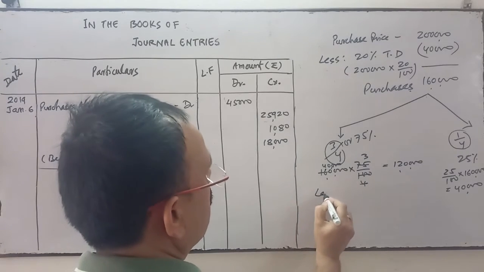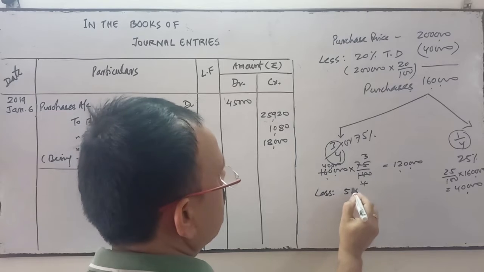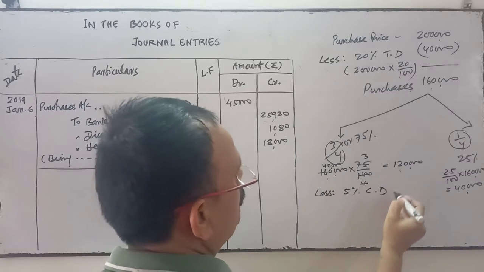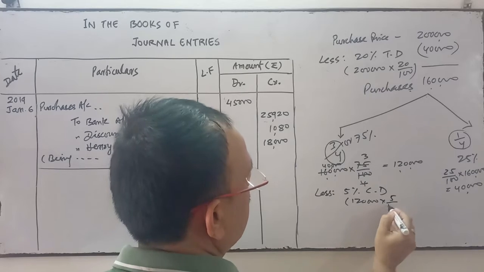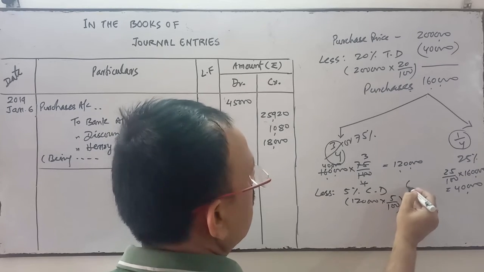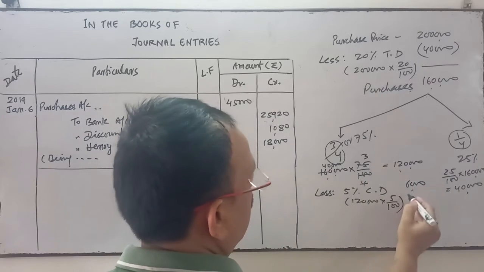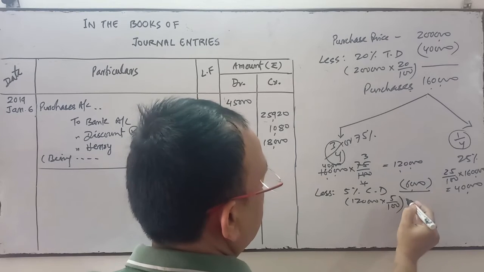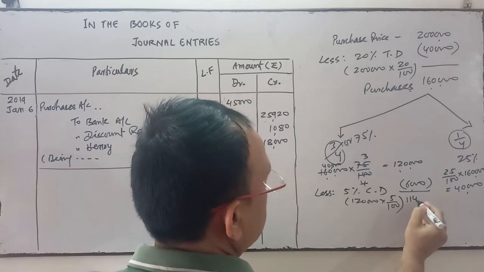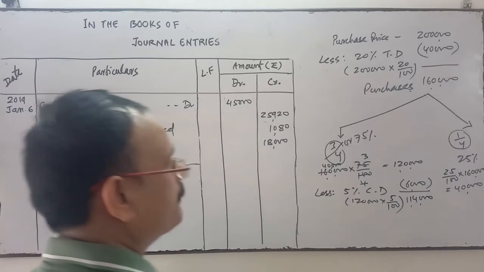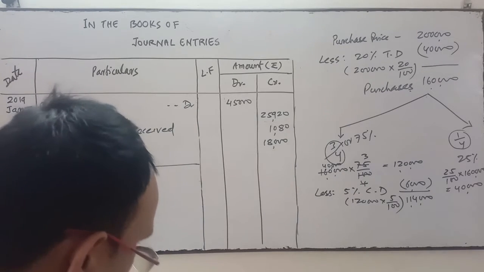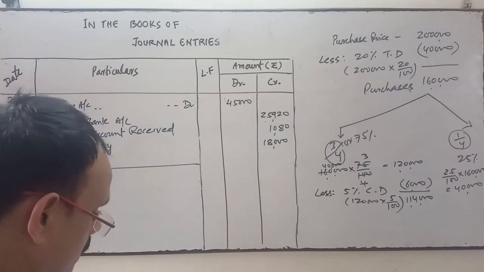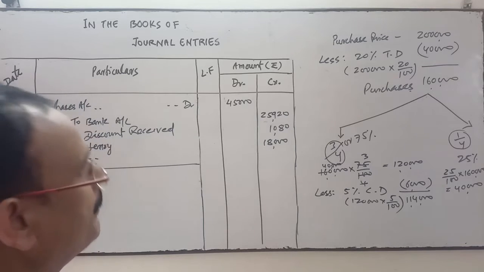So you deduct the 5% cash discount. 5% of 1,20,000 is 6,000. So finally 1,14,000 we will pay. We will pay how much? 1,14,000. So purchase goods from Amit.